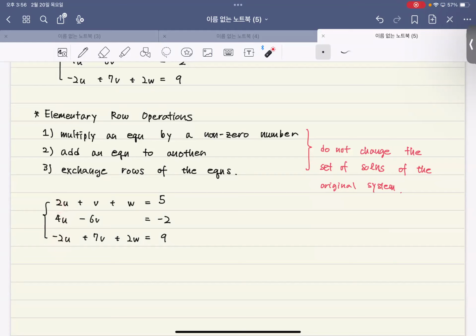I multiply the whole first equation by -2 and add it to the second. Then I can eliminate this number. By the same procedure, I multiply everything by 1 and add it to the third. Then I can safely eliminate this number.